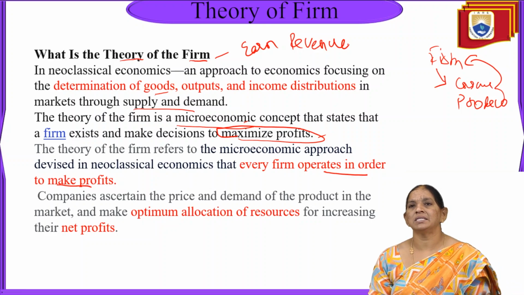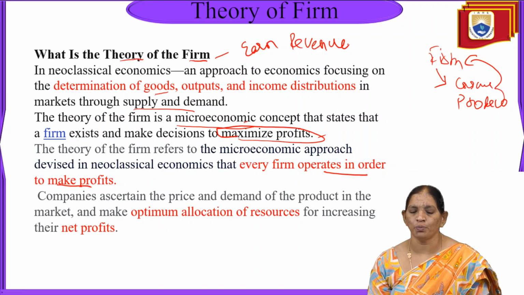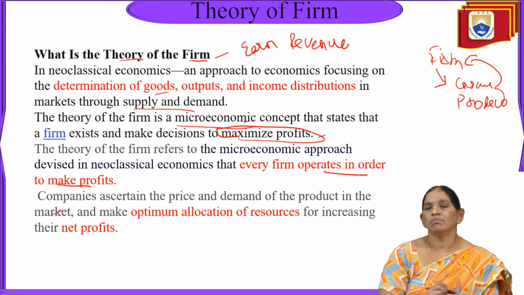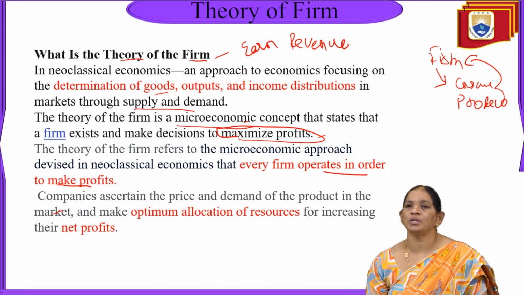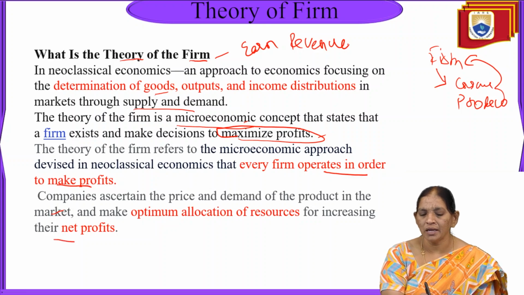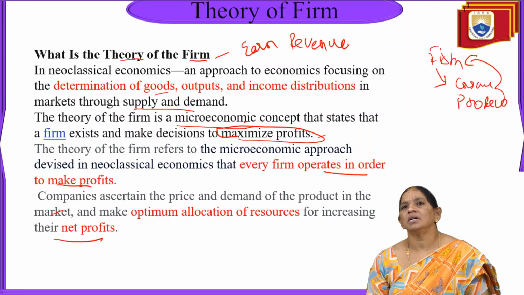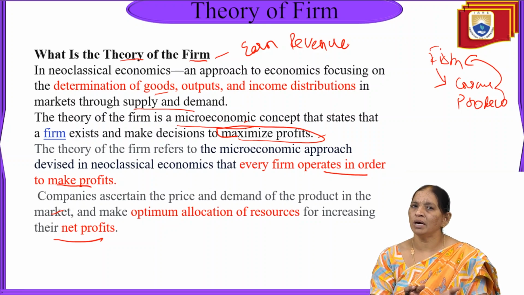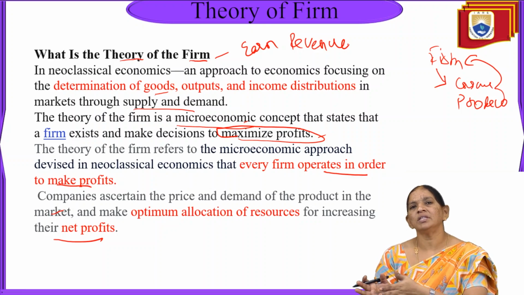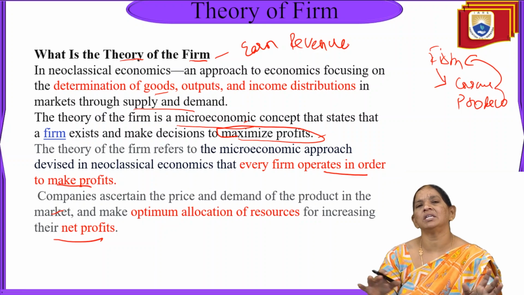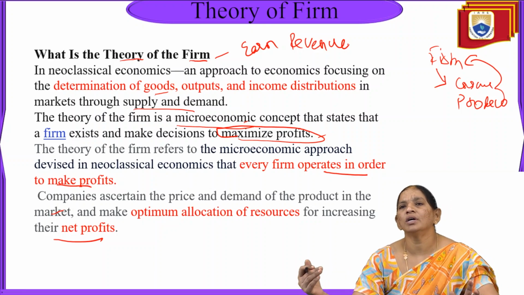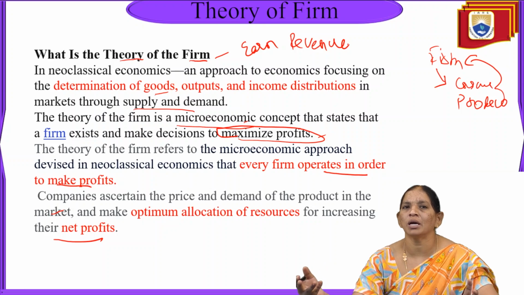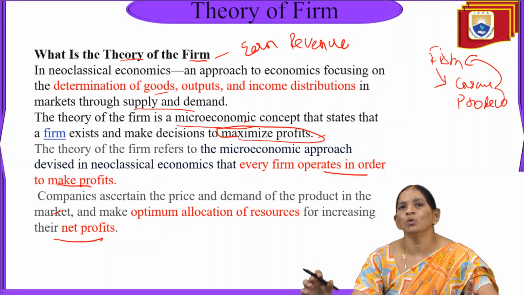So the companies, assessing the price and the demand of the product in the market, make optimum allocation of the resources for increasing their net profit. Means each firm wants optimum allocation of resources. Means what goods are required in the market will be forecasted, and for that supply the production will be done with a good allocation of resources, like land, labor, capital, money and technology.